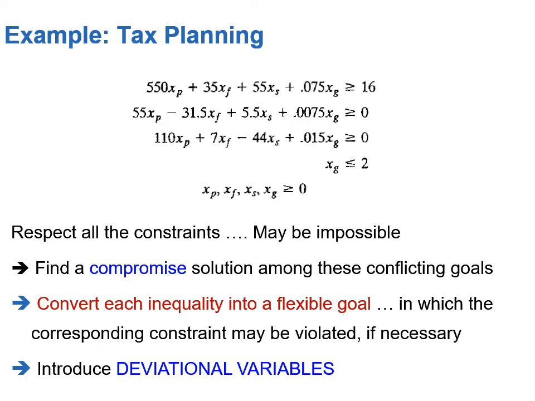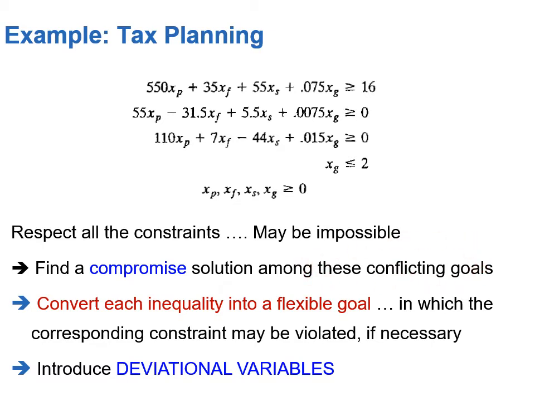As I said, we want to achieve all of these at the same time. But sometimes achieving all of them at the same time is impossible. When you write all these as constraints into Cplex, you may end up with an infeasible solution. In that case, we want to find a compromise solution among these conflicting goals.